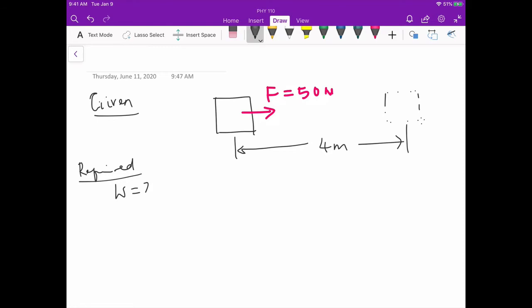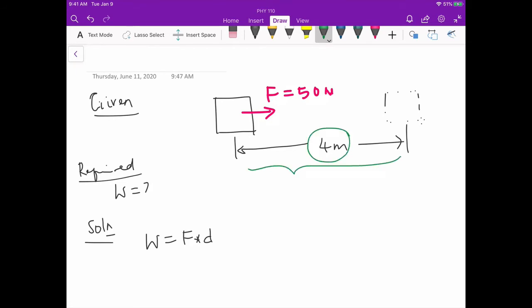So the solution is just finding the right equation. Work done is equal to force times distance. You apply this equation because both the force and the distance are in the same direction. The distance is this, and the crate moved in that direction.